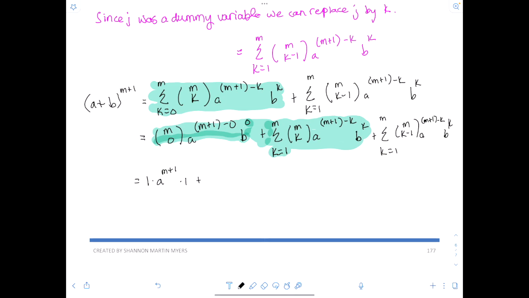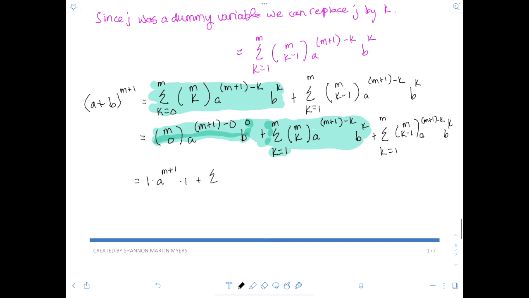Now I've got a and b as factors, right? And they are to the same power. So within that summation, I can factor out from the combinations, I can factor out those products.